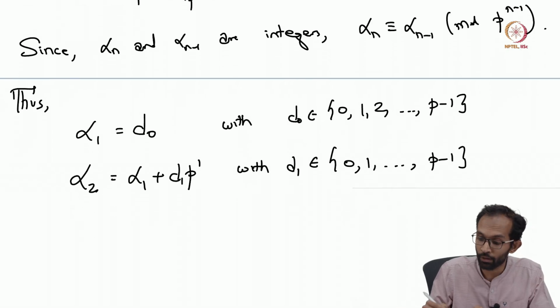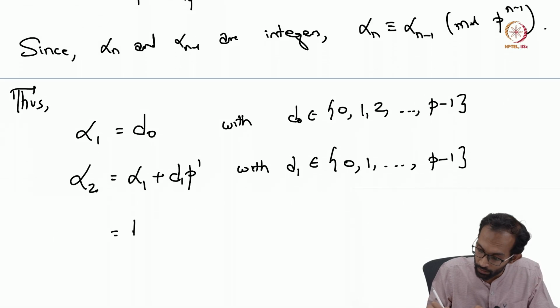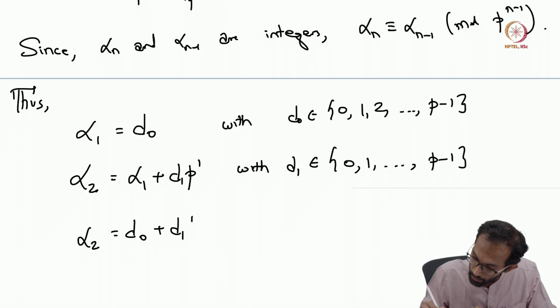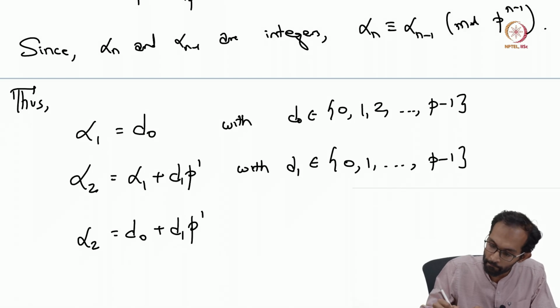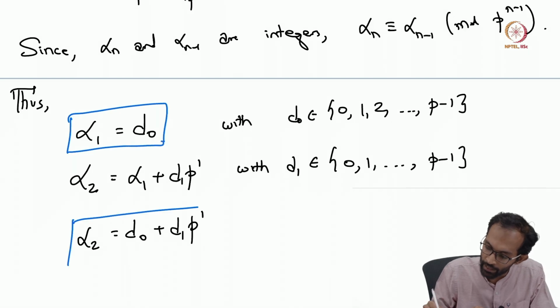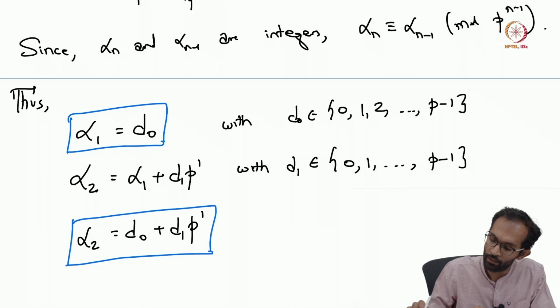And now if you plug in the formula for alpha 1, you get alpha 2 is d0 plus d1 p raised to 1. Okay. So we started with d0 and added an extra term d1 p1.